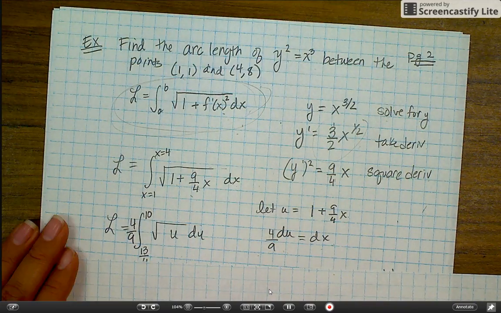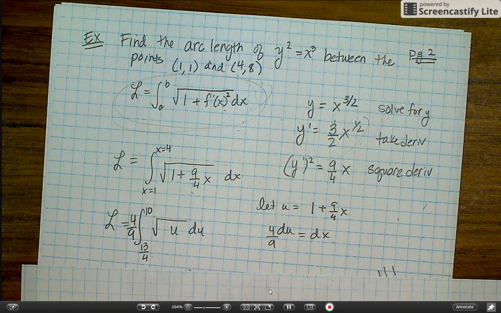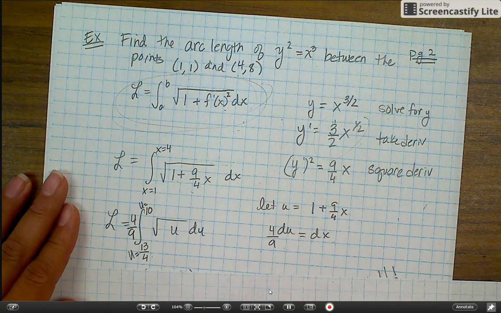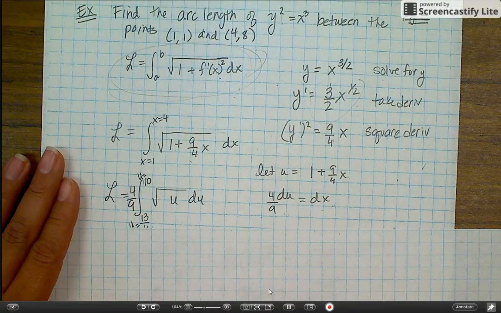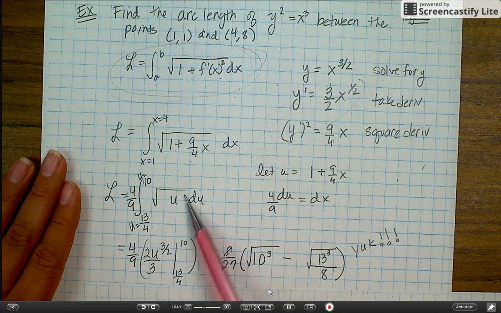Then of course we have to change our limits of integration, because that would be bad if we didn't, since we're in terms of u now. I'll write u is equal to. When we find the antiderivative, undoing the power rule, we have that, and then this is what it is, simplified.